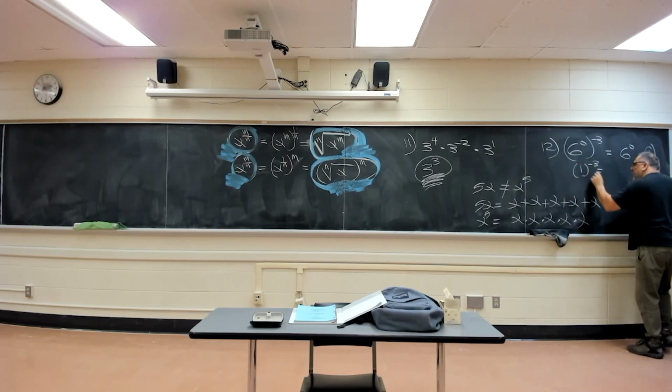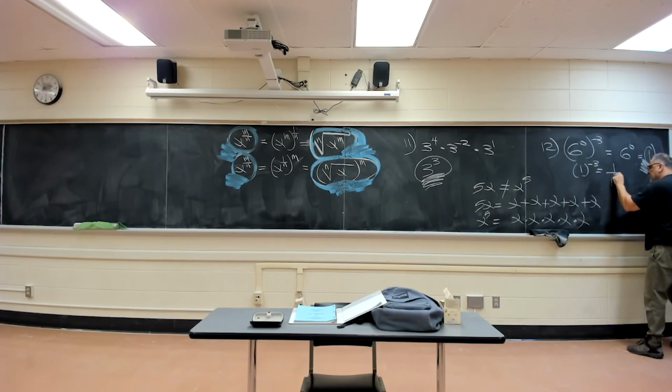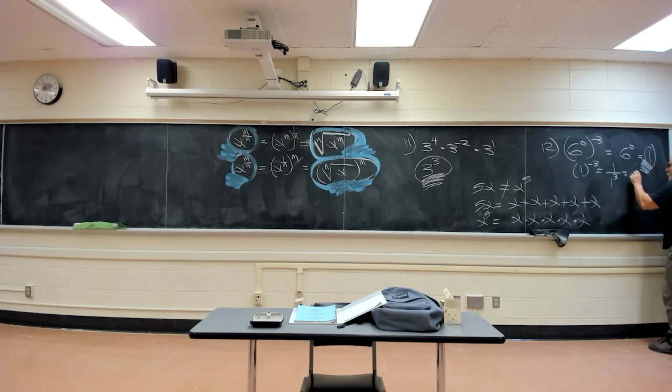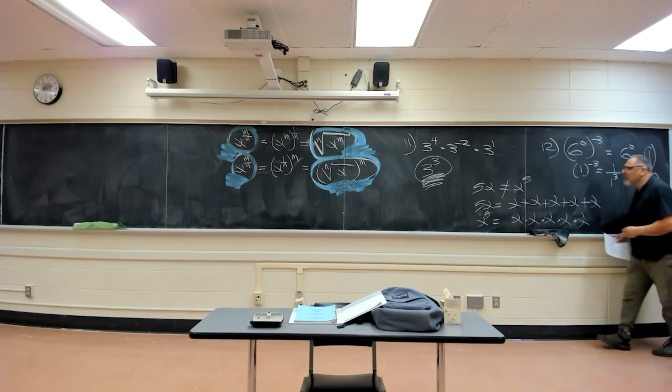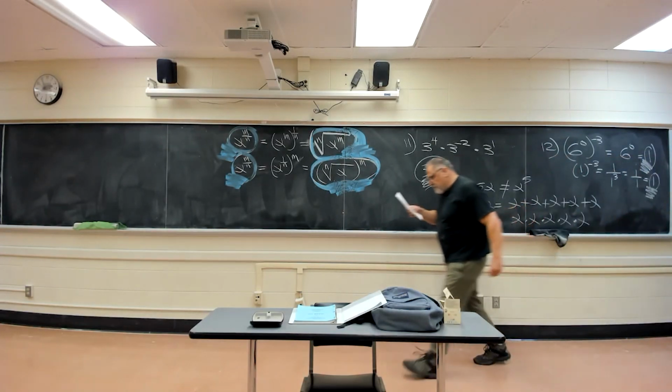To the negative 3 means 1 over 1 to the positive 3. 1 times 1 times 1 is just 1. 1 over 1 is 1. I mean, the recipe gets you the answer pretty quickly. If you look at it rigorously, which you don't always have time to do, you're still going to get 1, of course. Okay? So that's 11 and 12, you guys.